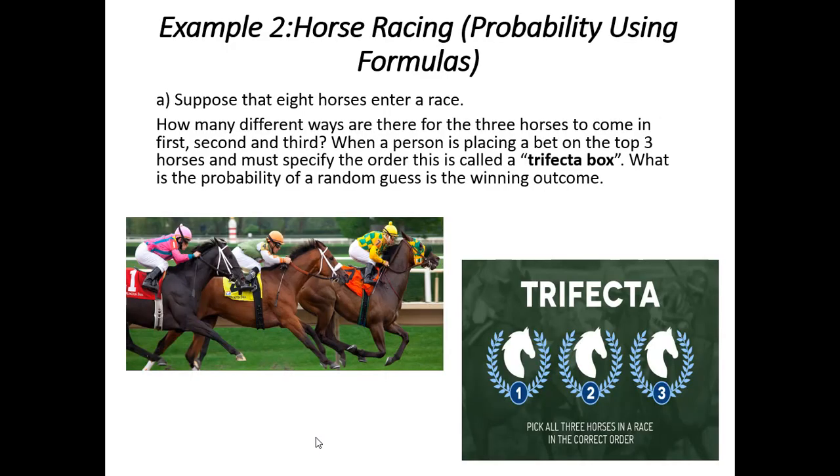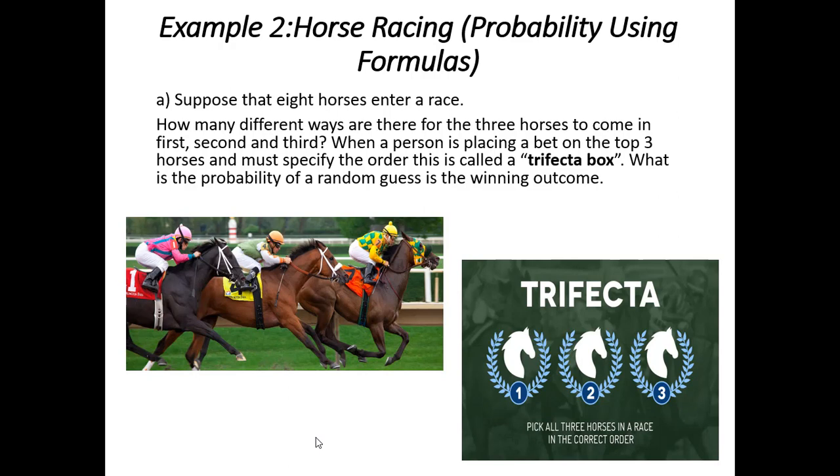Okay, let's look at another situation where it's useful to know probability. This will help us in placing bets, for example. So a good example is to look at horse racing. So suppose that we have 8 horses that enter a race. Question is, how many different ways are there for 3 horses to come in first, second, and third?